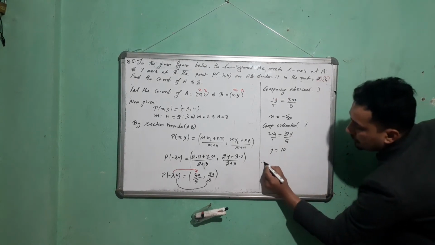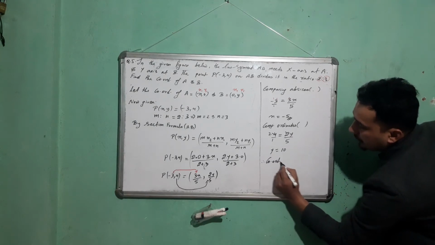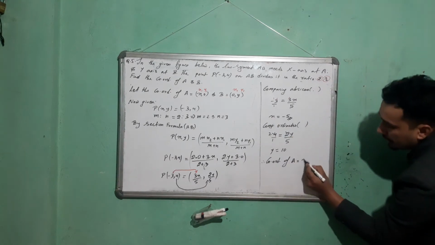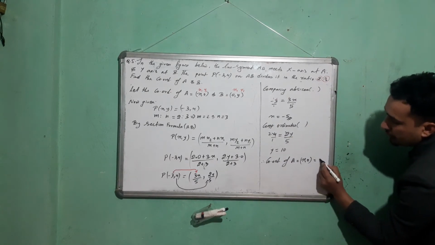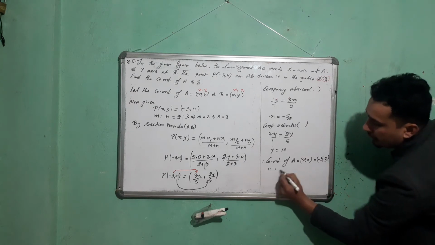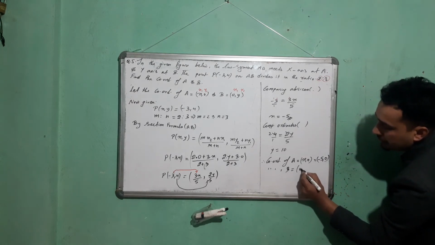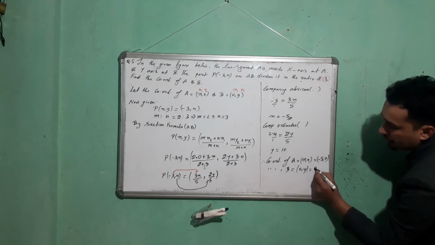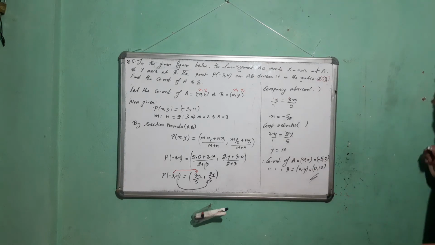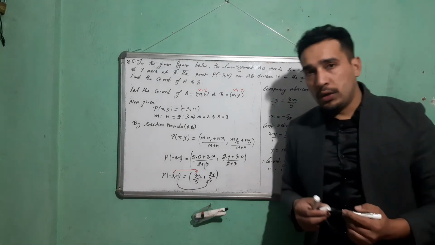Therefore, the coordinate of A, which we assumed as x comma 0, is minus 5 comma 0, and the coordinate of B, which we assumed as 0 comma y, is 0 comma 10. This is your answer. In this way we have to solve.